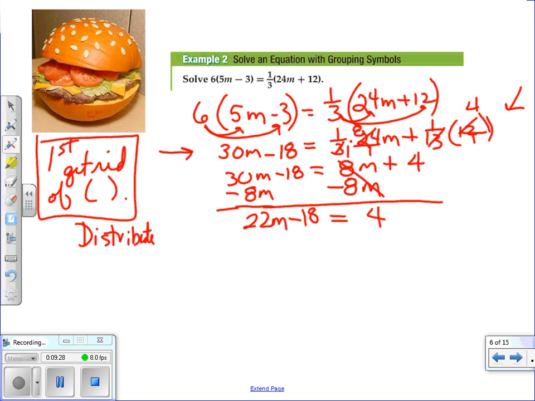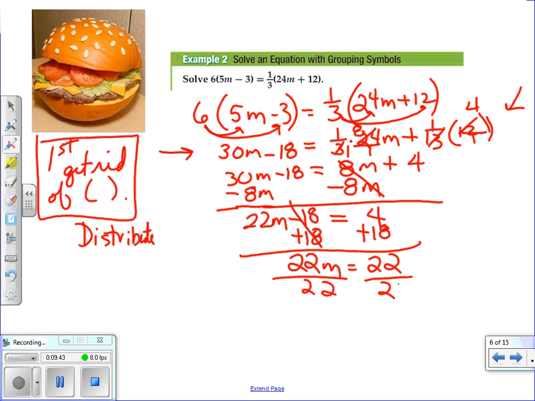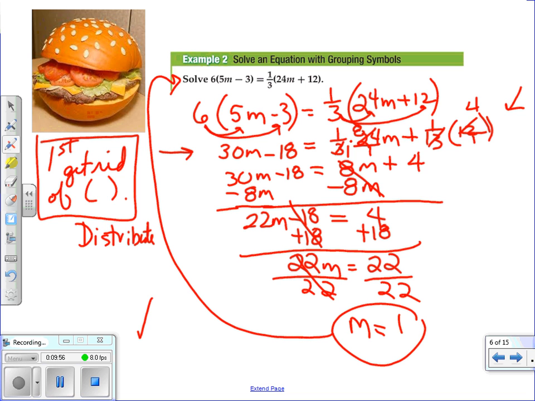Now I need to move my 18 over with my other whole number, so I'm going to add 18 to both sides. And I get 22m equals 22. Divide by 22, divide by 22, and m equals 1. Okay? And to check that, you would go back and put 1 into the original equation.